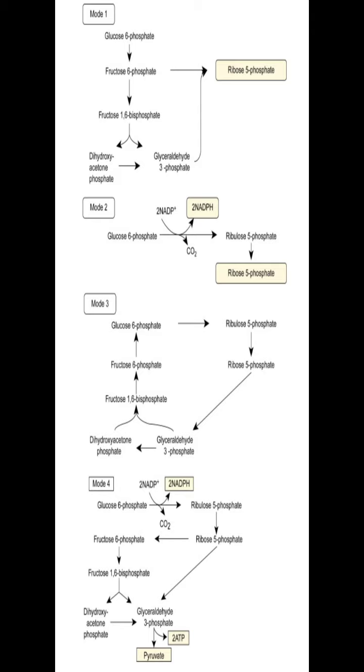I have here the 4 modes of the pentose phosphate pathway, each geared to the generation of a product needed by a particular cell. In mode 1, one molecule of G6P makes 5 molecules of R5P.